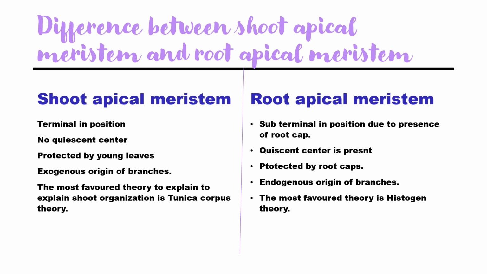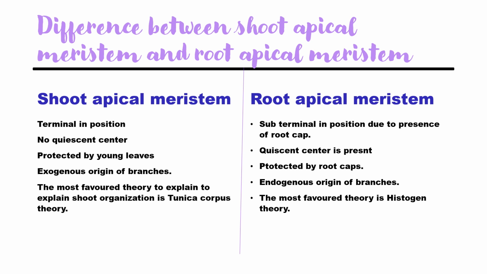We are going to explain the differences between shoot apical meristem and root apical meristem. Shoot apical meristem is terminal in position, whereas root apical meristem is subterminal in position because of the presence of the root cap. In shoot apical meristem, we do not see any quiescent center, but the quiescent center is present in root apical meristem.